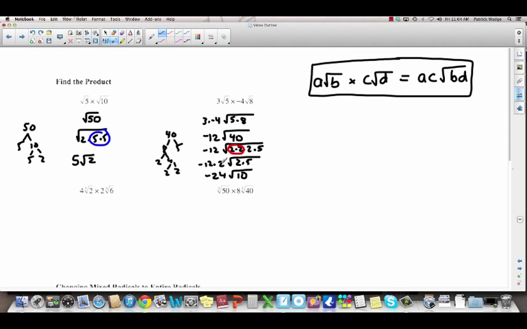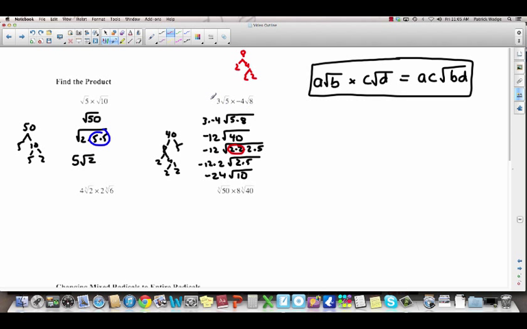By the way, you could have done this a different way. You could have simplified this root 8 at the start. Could you have simplified the root 5? No. If you do a factor tree for 5, you can't do anything. 5's prime, so there's nothing you could do. But if you did a factor tree for 8, you could simplify it because 8 is the same as 2 times 4 and 2 times 2.